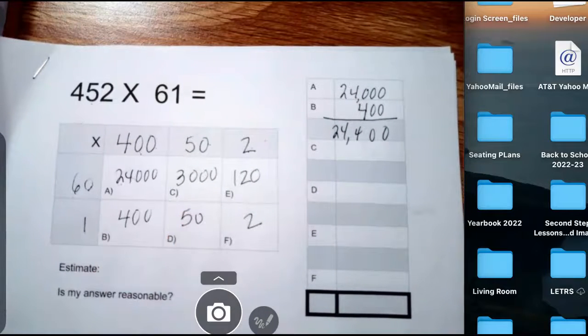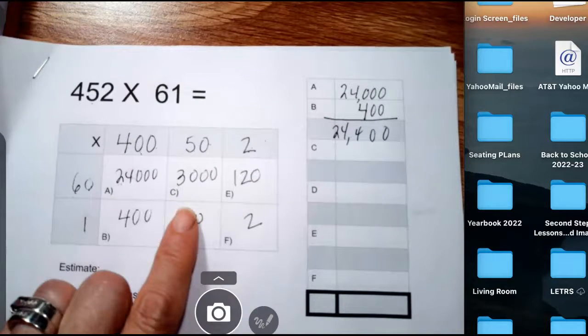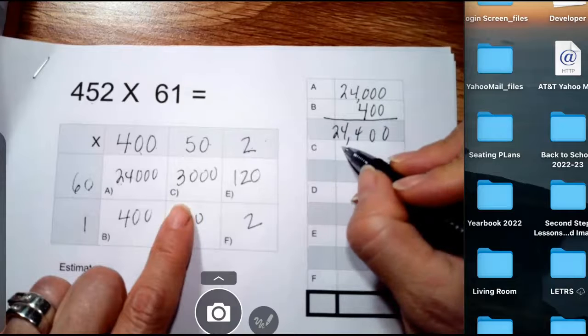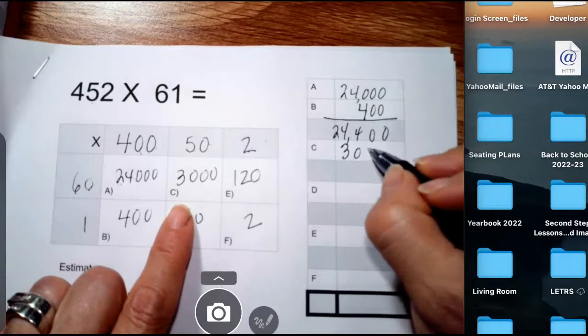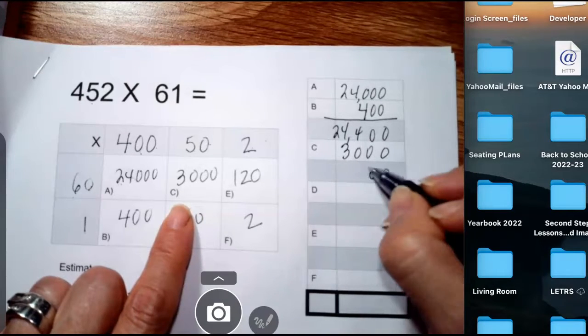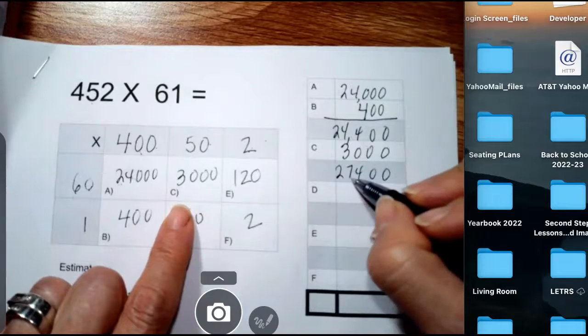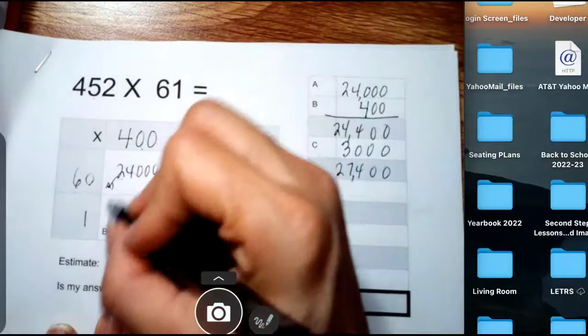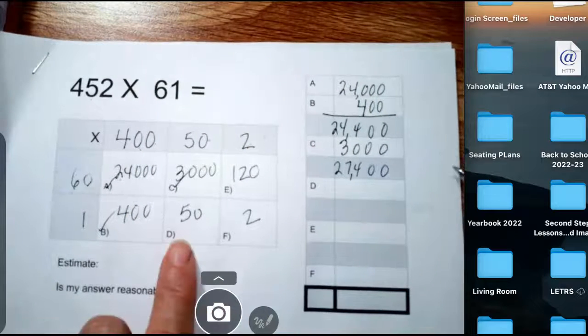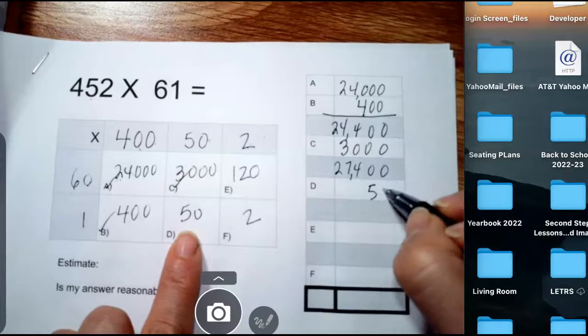Okay, then coming over to the next one, I have C, which is 3,000. I'm going to add that. And I'm checking these off as I use them so I don't get confused. For D, I have 50.